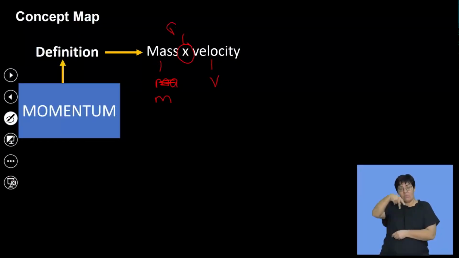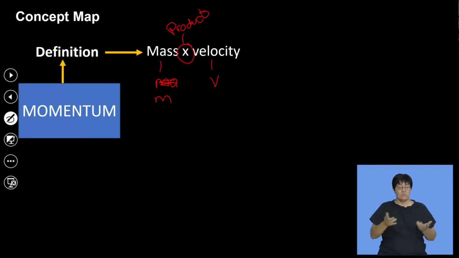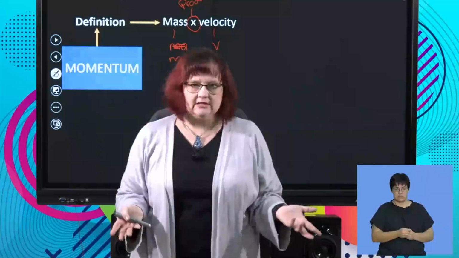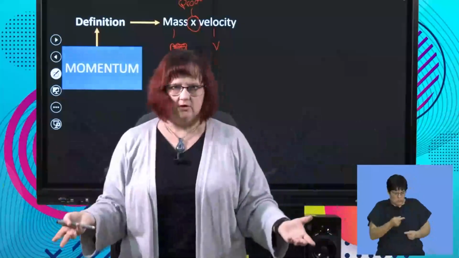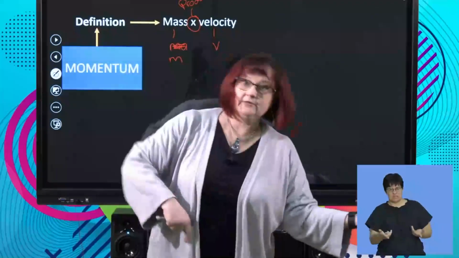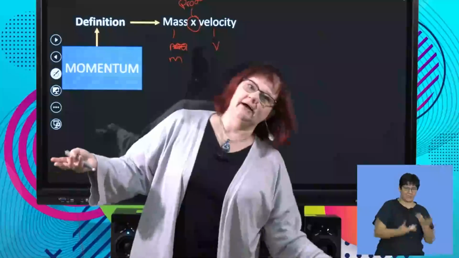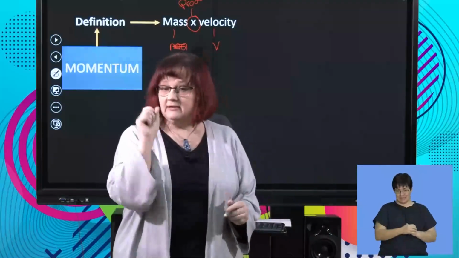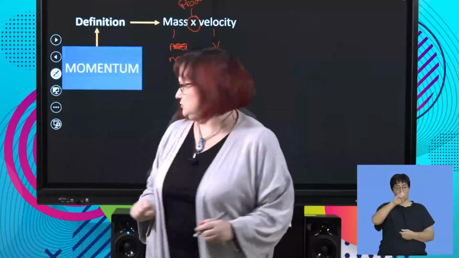Multiplication means product. So we're going to use that word. So when we define it, we've got to be careful that we don't say momentum is the mass and velocity of an object. That doesn't make any sense. What are we doing with the mass and the velocity? Are we multiplying it? Are we adding it? Are we dividing it? So it's multiplication, okay? It is the product of those two together.